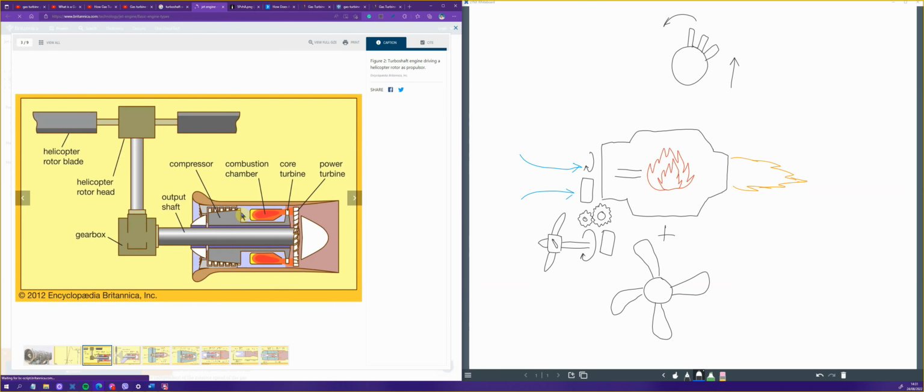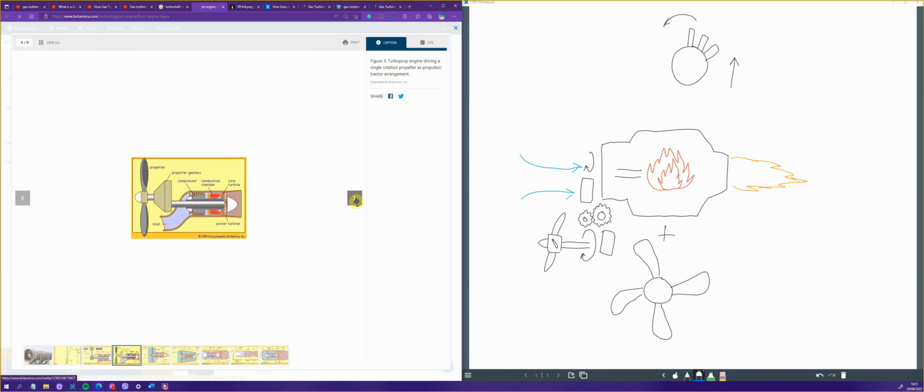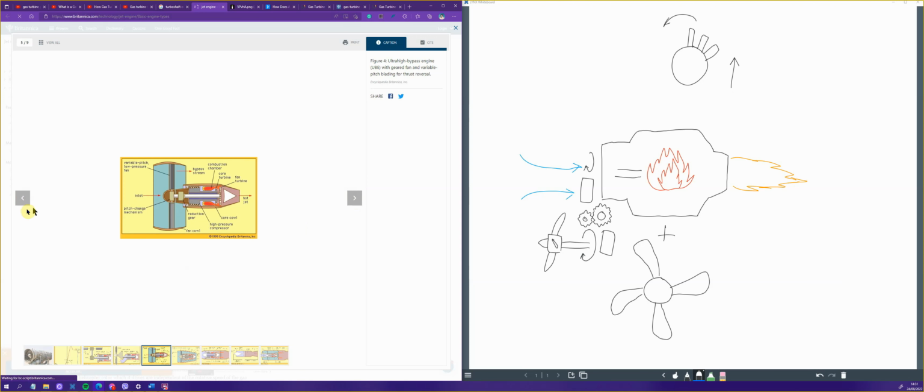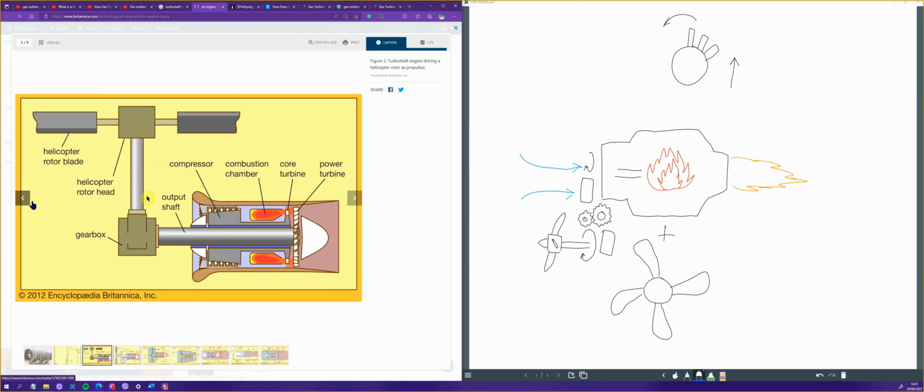So, ganito yung itsura sa helicopter. May iba pala dito no? Ayan, dami pala dito. Ayan, ito yung sa turbo shaft natin.